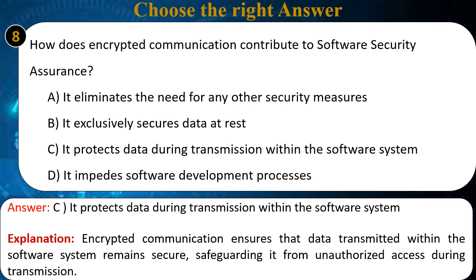This helps address various security concerns, such as man-in-the-middle attacks, where attackers intercept and eavesdrop on communication channels to steal sensitive information; data breaches, where attackers gain unauthorized access to transmitted data and exploit it for malicious purposes; unintentional data exposure, where sensitive information gets inadvertently leaked due to insecure communication channels.